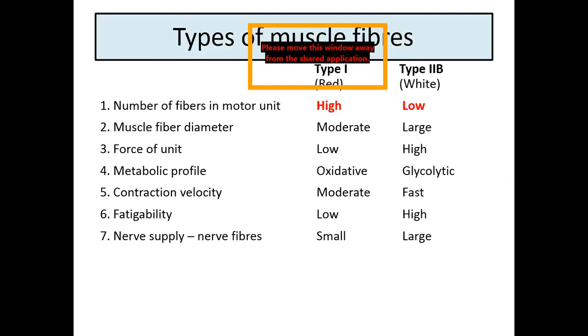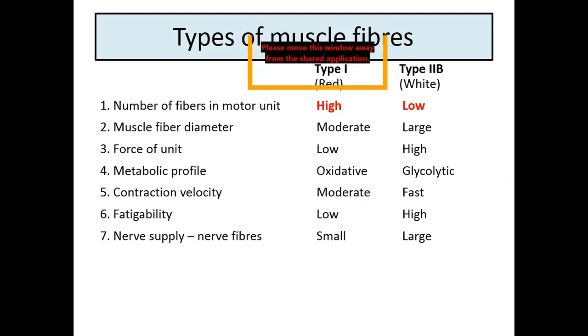In marathon runners, which type of fibers should be there, type 1 or type 2B? More of type 1.